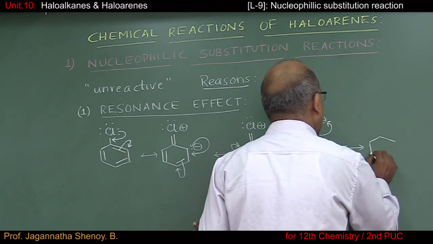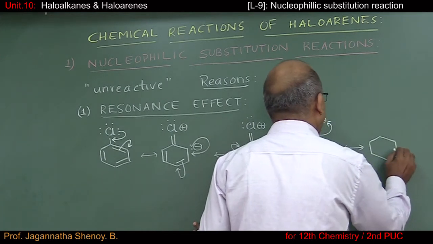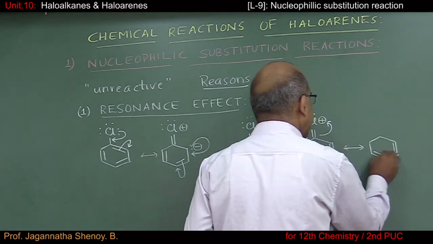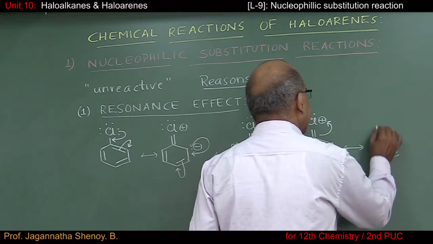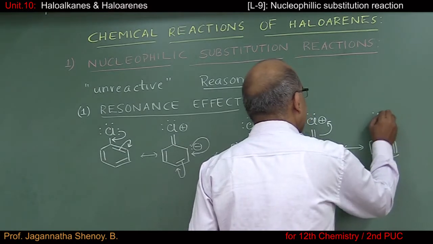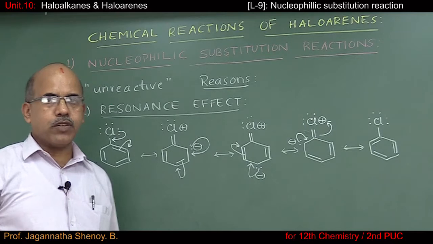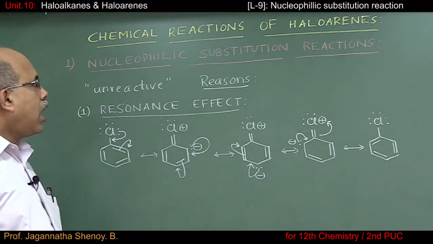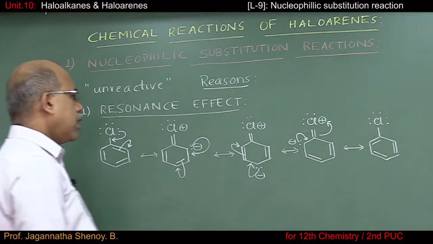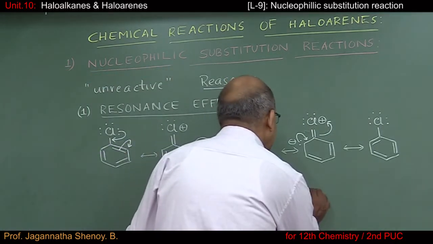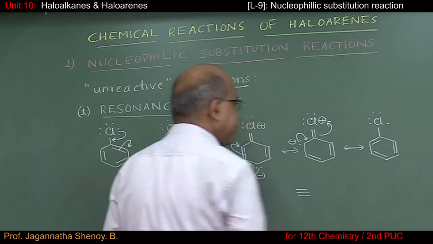So the last one is the Kekulé structure of the first resonating structure. So I have written 5 resonating structures for chlorobenzene. From this I can write the resonance hybrid.